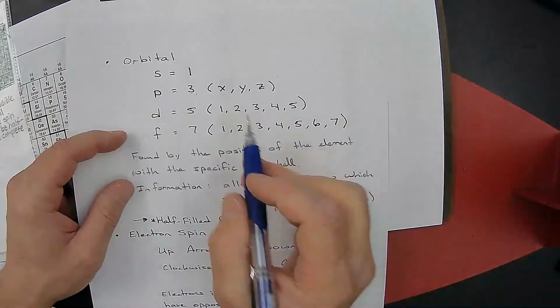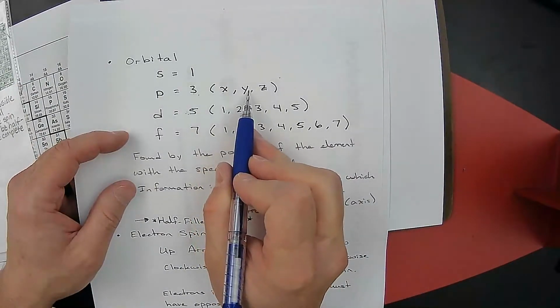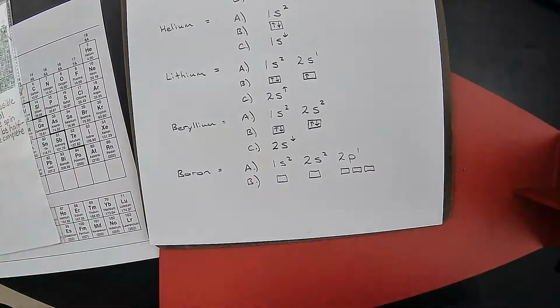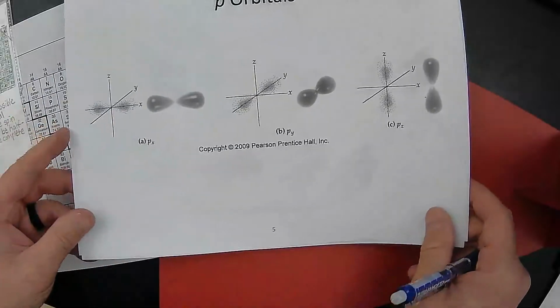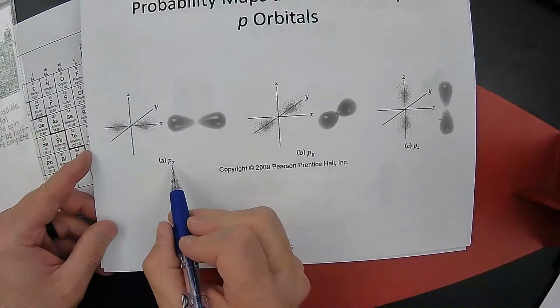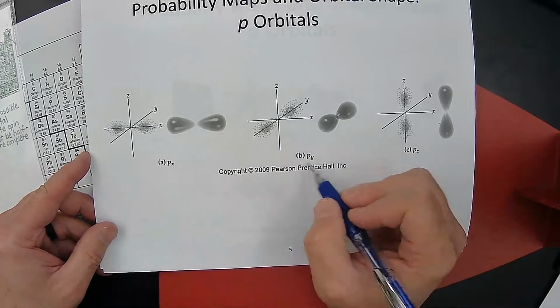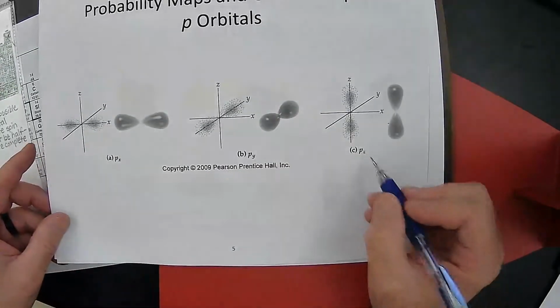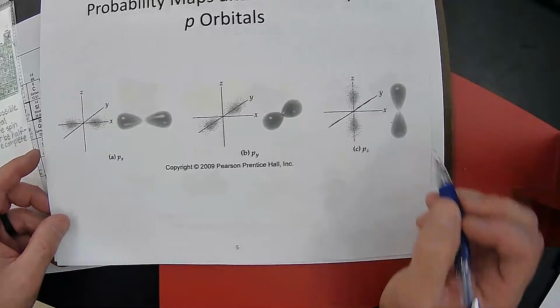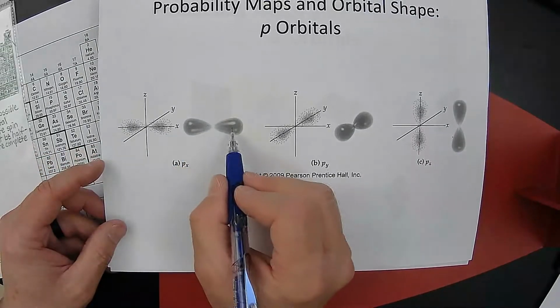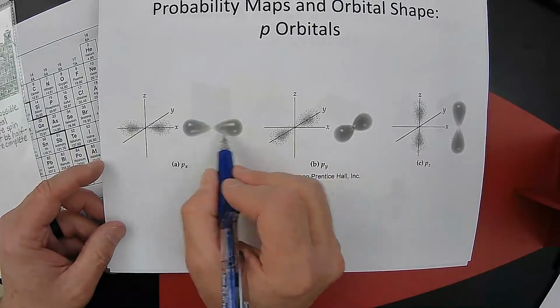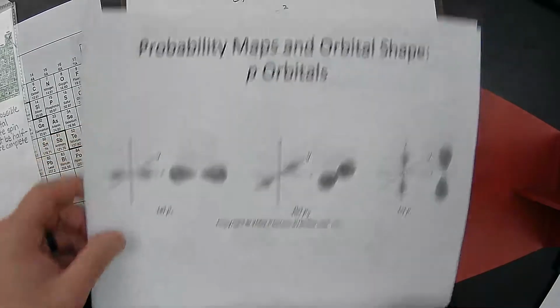The identification for those 3 orbitals are x, y, and z. Why do they choose x, y, and z for their orbital notation? Because this orbital is along the x-axis, this orbital is along the y-axis, and this orbital is along the z-axis. This is where the electrons are going to be flying around. This is the shape the electrons make as they're flying around.